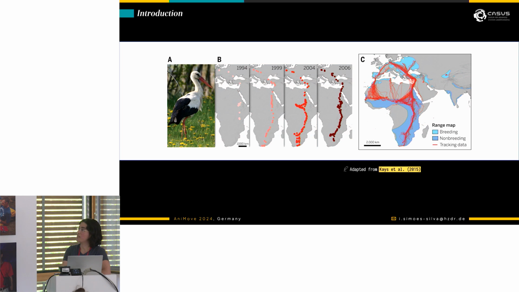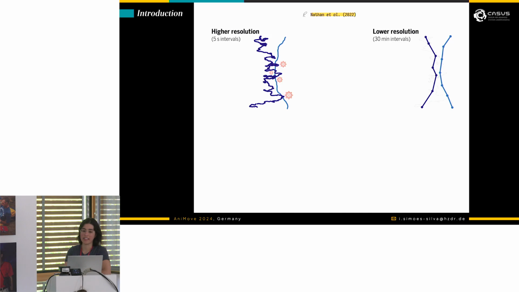So this is an example of a white stork that was tracked enough that we get a really, really detailed picture. Again, it started in 94 until 2006. So you have so much information about this one individual. I mean, that sounds pretty nice, but again, it's not always the case in reality.